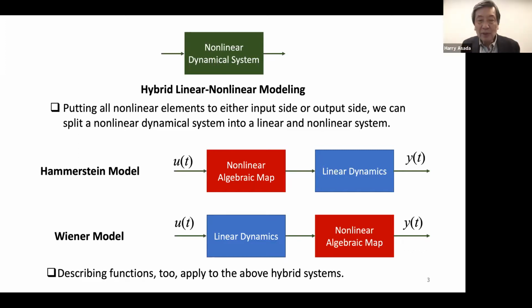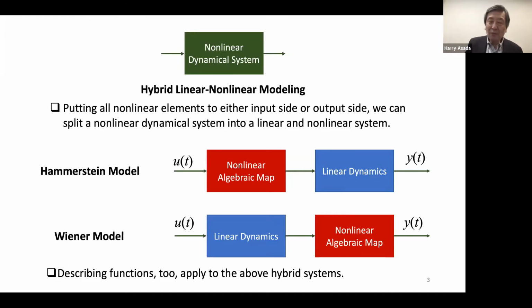But suppose we can do that, then we can split the model this way. One part focuses on the nonlinearity, putting the dynamics aside. We look at the pure algebraic input-to-output nonlinearity, followed by the linear dynamic model, which can be done in many ways.